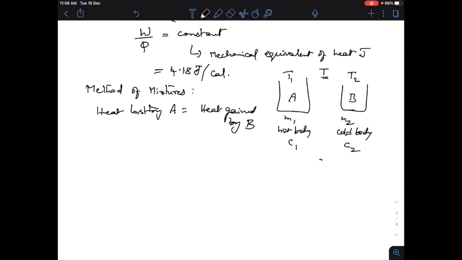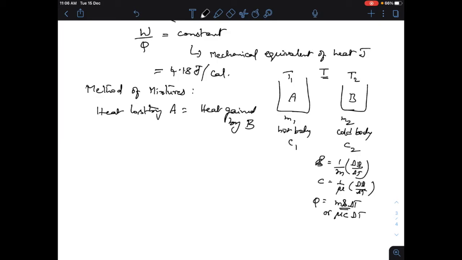From the formula that we have discussed, specific heat capacity is 1 by m delta Q by delta T, or for moles, 1 by mu delta Q by delta T. Then Q is equal to m s delta T or mu C delta T. I will consider this for simplicity.